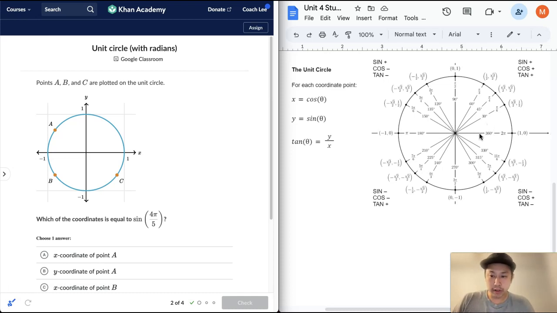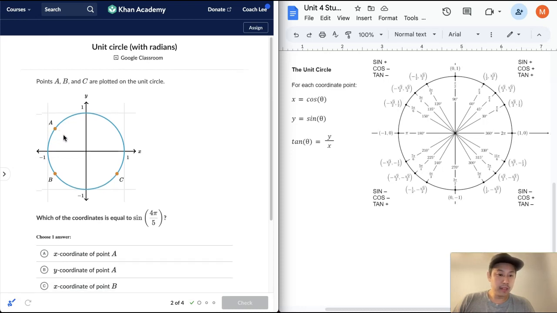So you can kind of picture it. If pi is 180 degrees, it's half a circle, right? So just try to imagine where 4/5 is going. You're gonna go about here, 1/5, 2/5, 3/5, 4/5. You're still in this second quadrant. The only option we have is point A here.